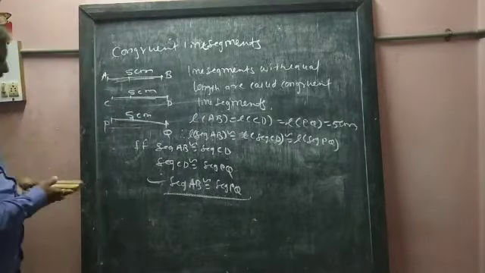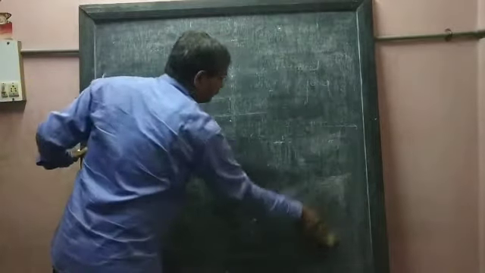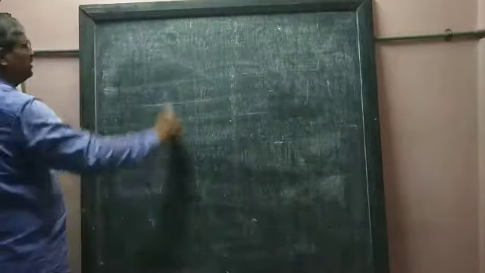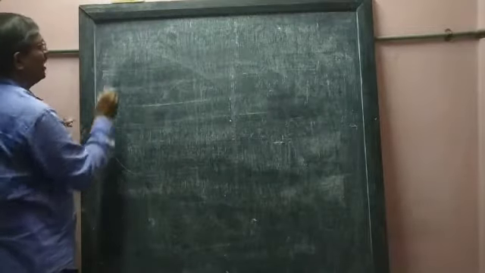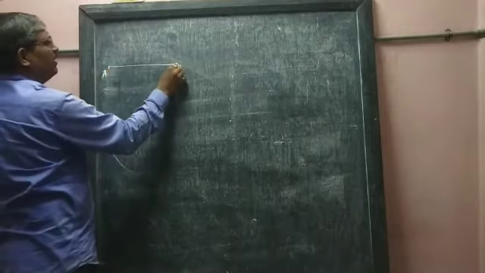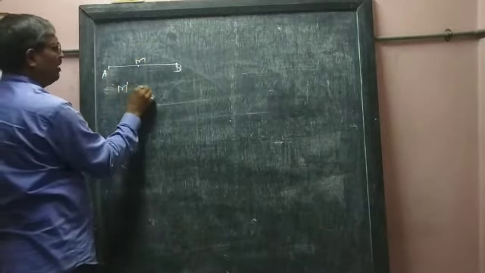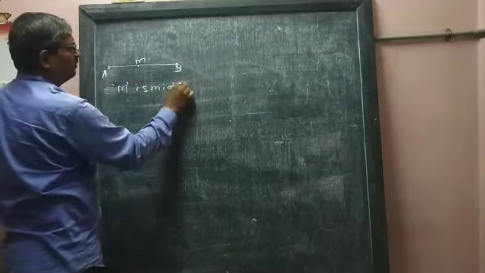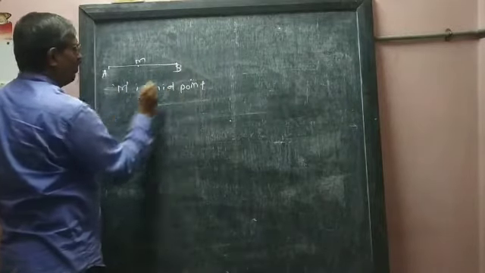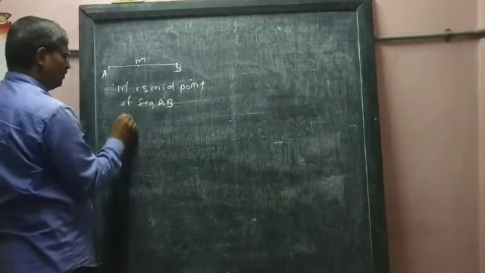Now we will study about the midpoint of segment. For that purpose also we will take an example. I will draw here one seg AB. M is the midpoint. I am going to write M is the midpoint of seg AB. Means what?